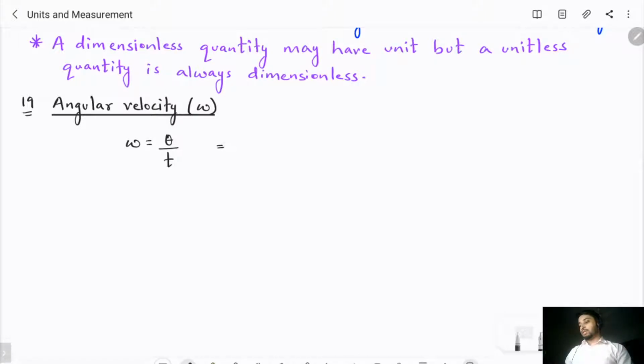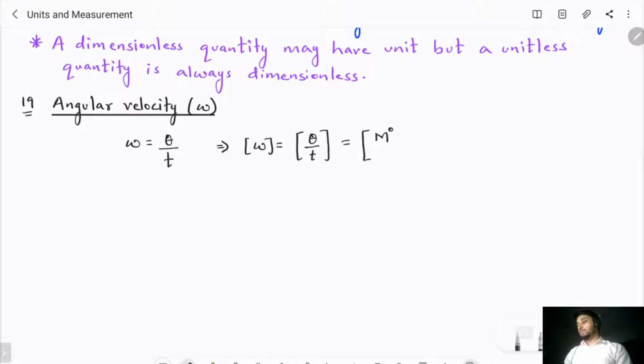So from here the dimensional formula for angular velocity will be same as dimensional formula for theta by t. Now theta is angle, and we know that angles are dimensionless.